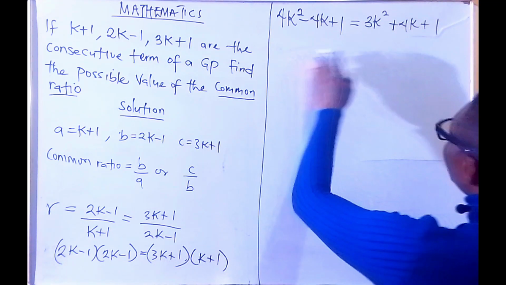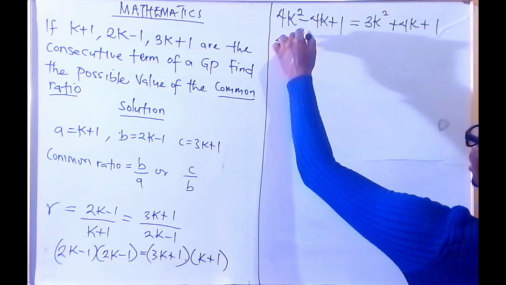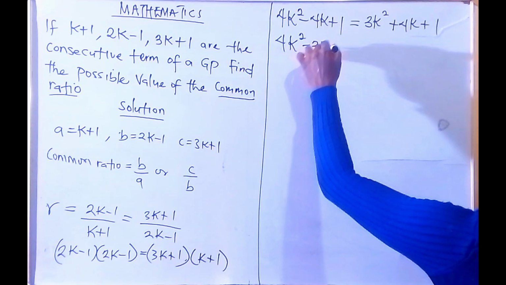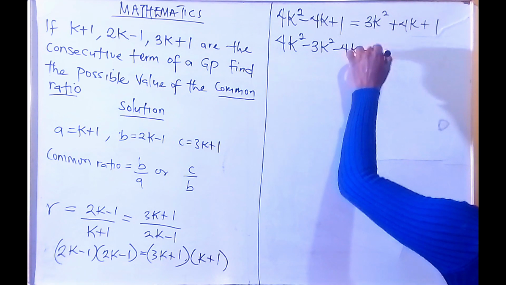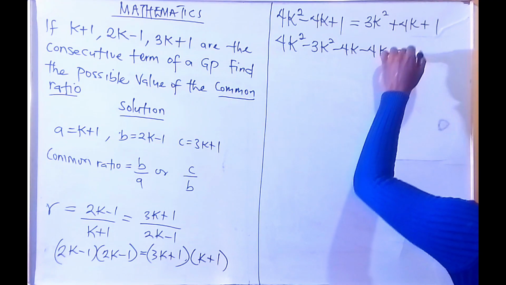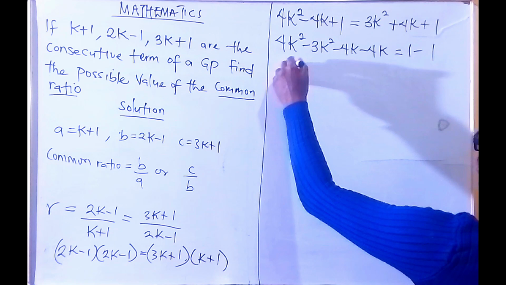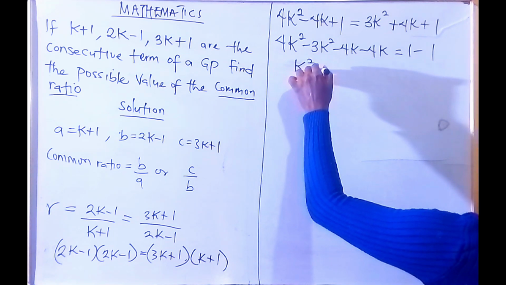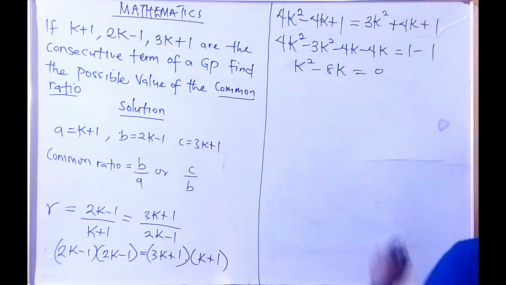At this point, we can collect like terms by saying 4k squared minus 3k squared minus 4k minus 4k is equal to 1 minus 1. If you simplify, you have k squared minus 8k is equal to 0.